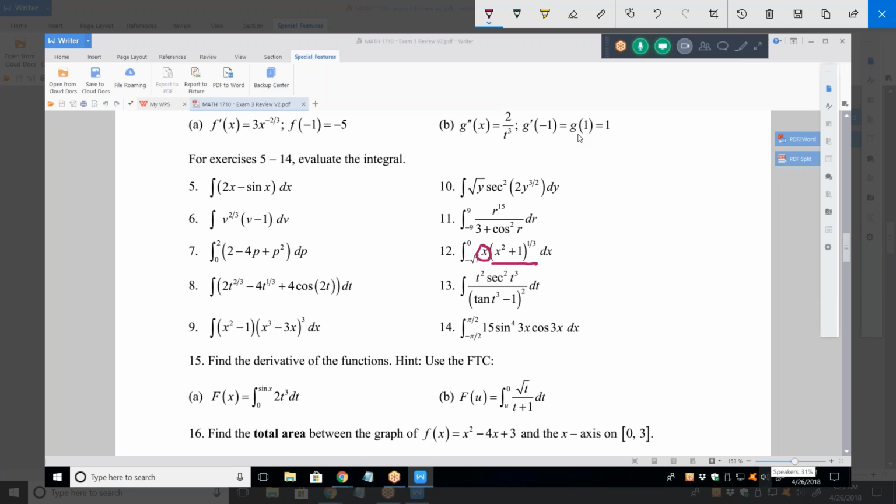That's what's important. It's not x to the 1/3 or x cubed. It's x. And what's the derivative of the inside? 2x. But we can handle that too. Yeah. That 2 is no problem. So we do have the same power.